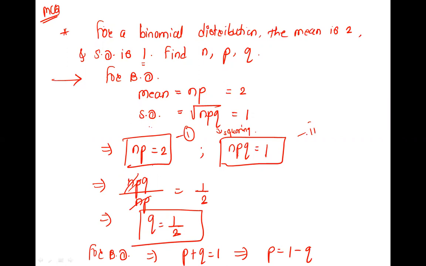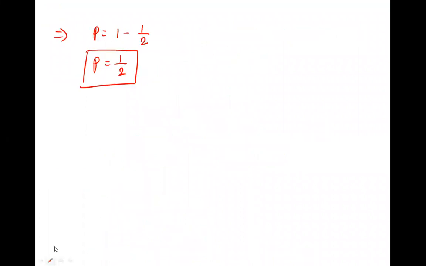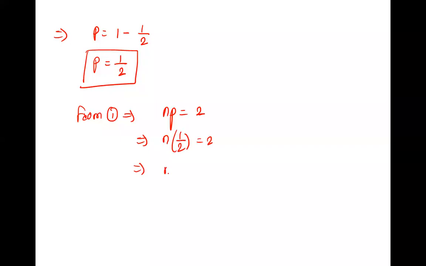What we did here is divide 2 by 1. Now from 1 we can solve. NP is 2, but P is 1 by 2. So the 2 that divides here gets multiplied to this side. So 2 into 2, 4. So N is 4.